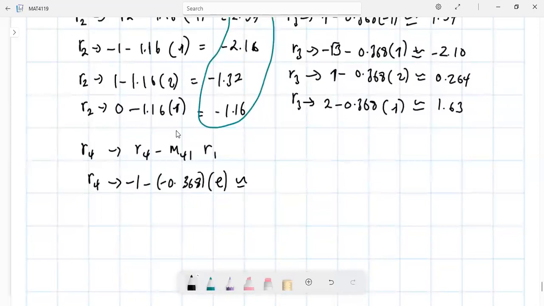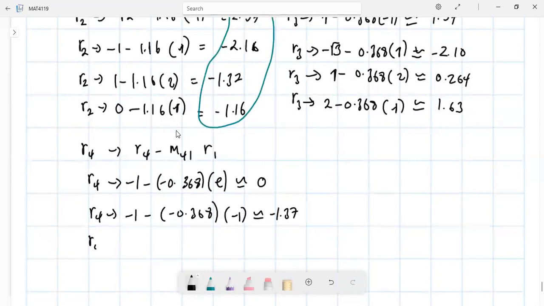This should approximately give you 0. And then again, reduce the next element: negative 1 minus negative 0.368 times the element in row 1, which is negative 1, and this is approximately equal to negative 1.37.